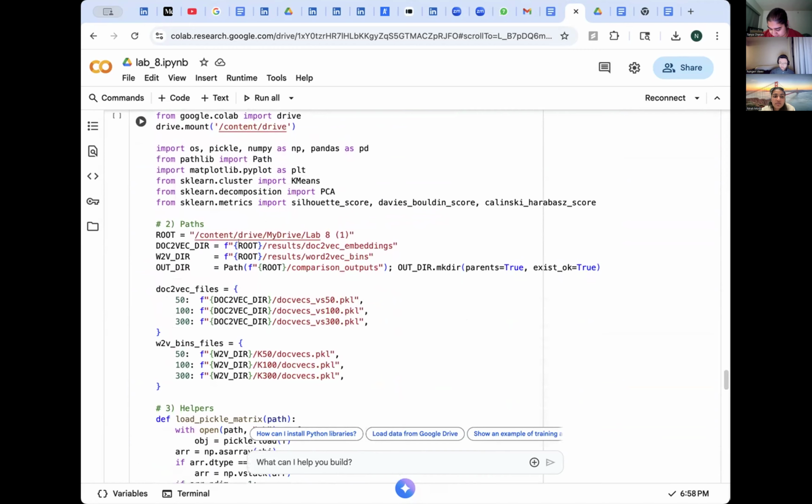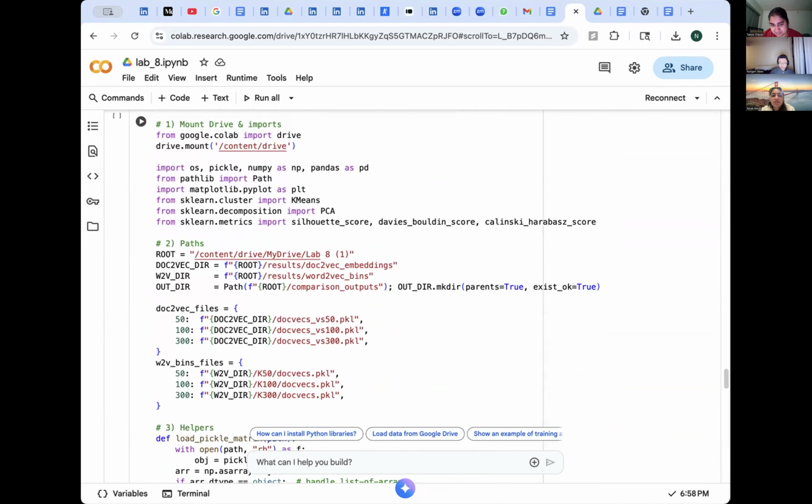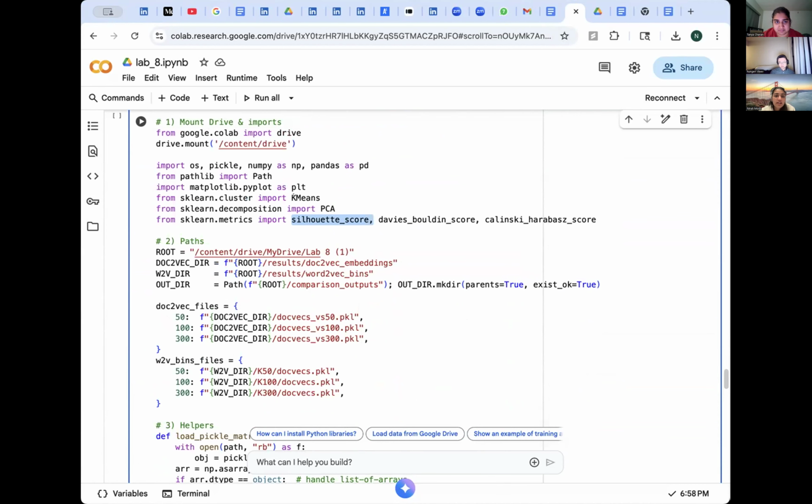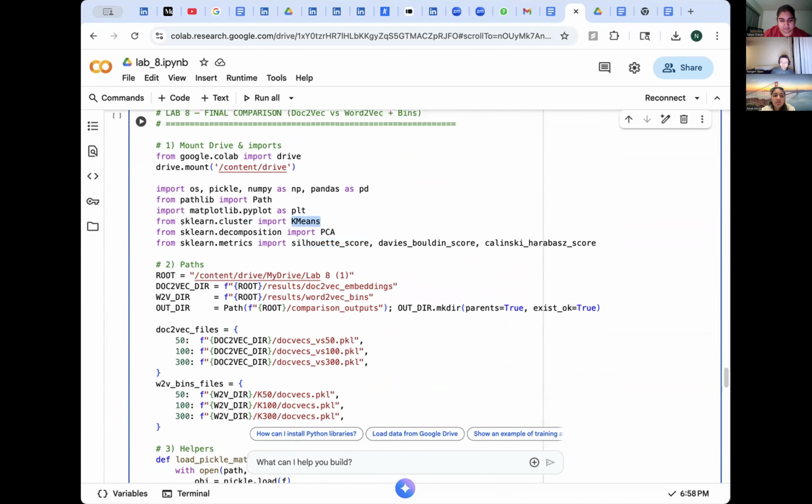The metrics that we used were the silhouette score along with two others to see how well the clusters have been formed after we used the sklearn k-means clustering. We also used the sklearn PCA, principal component analysis, to help visualize the clusters by decreasing the dimension, because it's hard to visualize a dimension of 300.